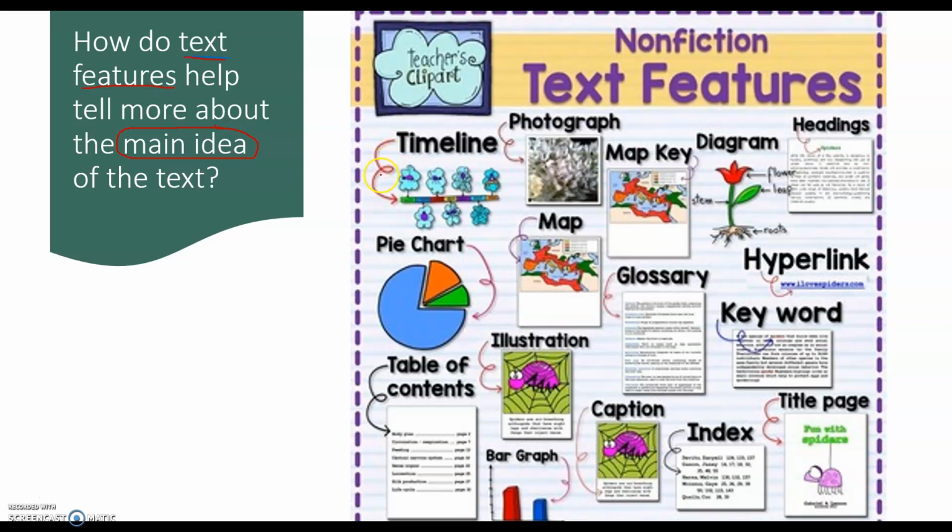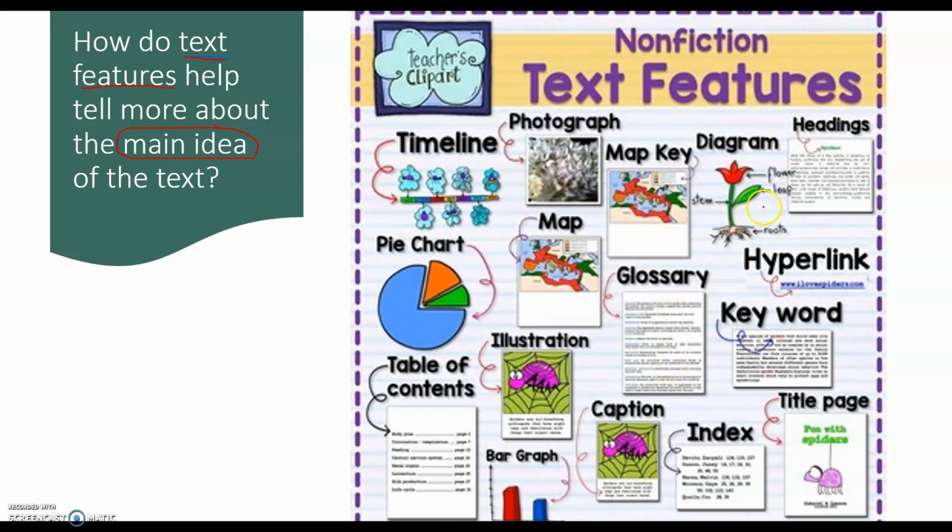So you might have a timeline showing the order of events that something happened. You might have photographs, a map key or a map. You might have graphs like a pie chart or any graph, table of contents, illustrations, bar graphs, captions that explain pictures, glossaries explaining words.